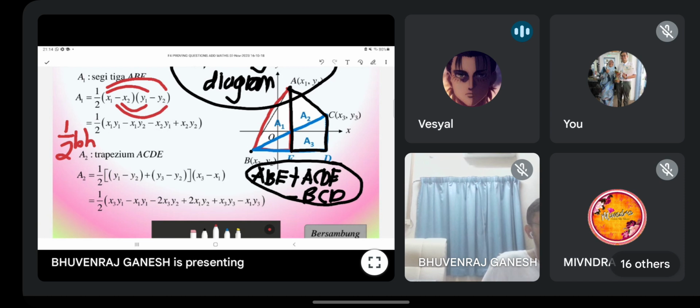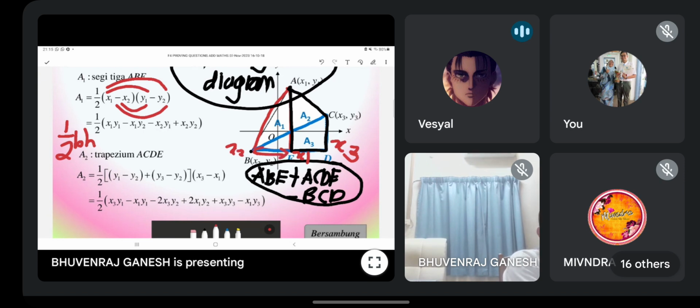When you do x1 minus x2, you're actually getting the length. y1 minus y2 will be the height. You times 1/2 and you'll get your area. Then the rest is just expansion. You must expand properly. So we'll do the trapezium now, Buan.